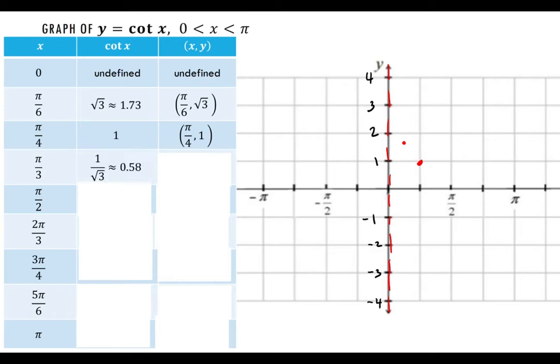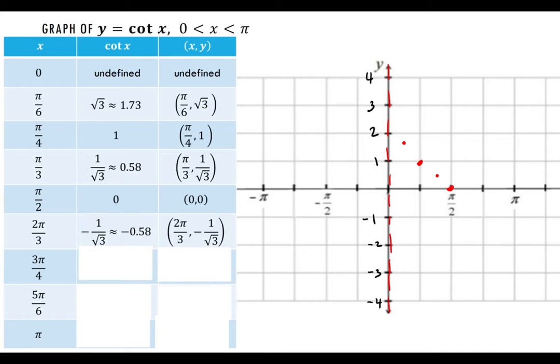Then, cotangent of pi thirds, that's going to be 1 over root 3, and so it's going to be about right here. Then, cotangent of pi halves, that's going to give me 0. Then, cotangent of 2 pi thirds, that's going to be negative 1 over root 3, or about right here. Then, cotangent of 3 pi fourths is negative 1.